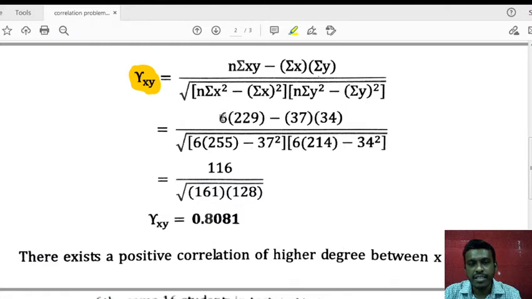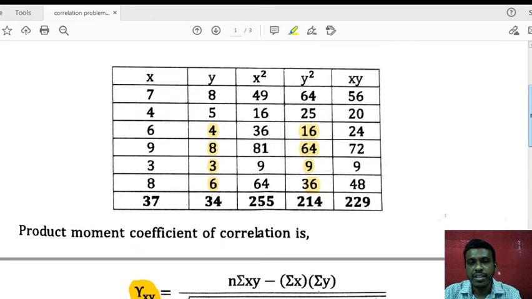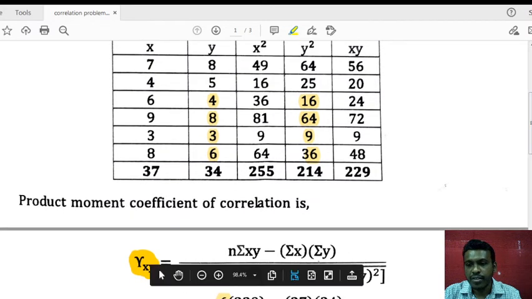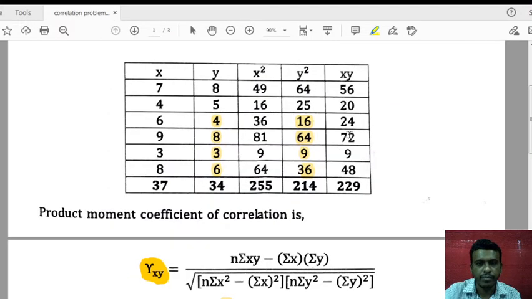N is 6, into summation xy. Summation xy is nothing but 229.